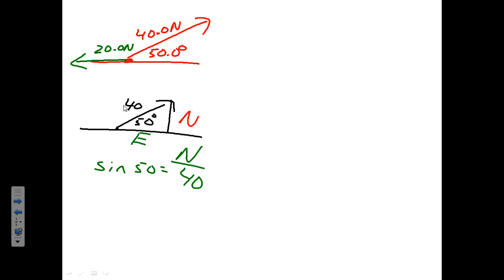So if I do the math on that, essentially I'm going to go sine of 50 times 40, right? So that tells me 30.6. And that's 30.6 newtons going which way? Going north.